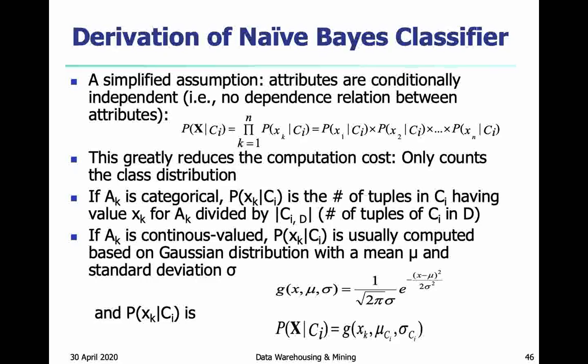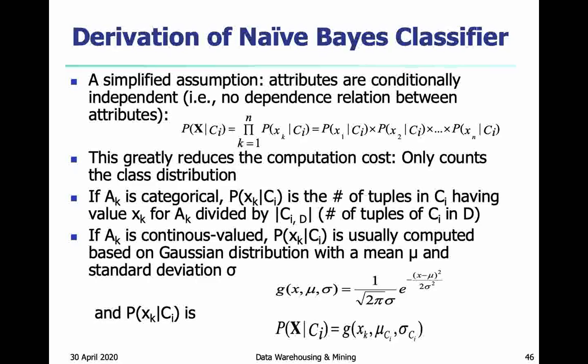Now there are two conditions that can come. If Ak is categorical, then you can easily find the value: it is the number of tuples of the class Ci in D having the value xk for Ak, divided by the mod of Ci,D.